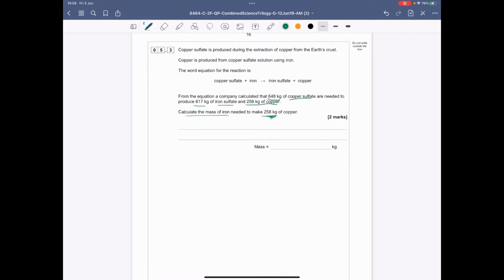When you see numbers written out like this, and it relates to an equation that they normally give you, this is all to do with conservation of mass, which basically means the mass of your reactants equals the mass of your products. So what I think is always best to do is write out the numbers underneath each chemical, which makes it easier to break down.